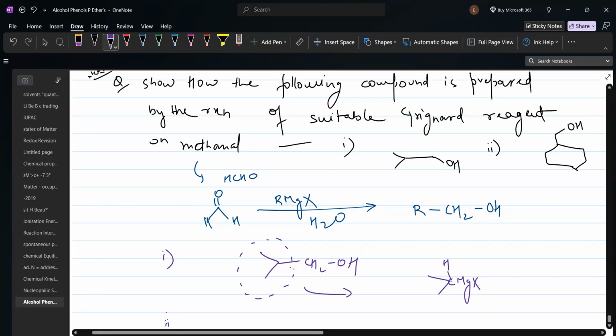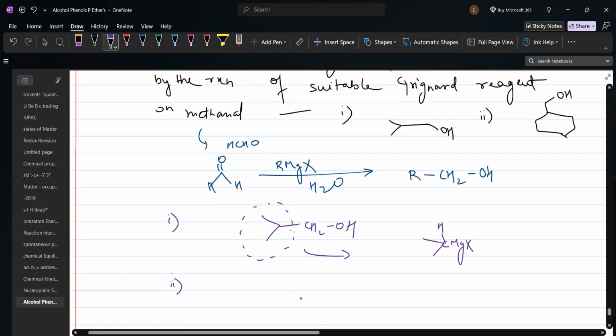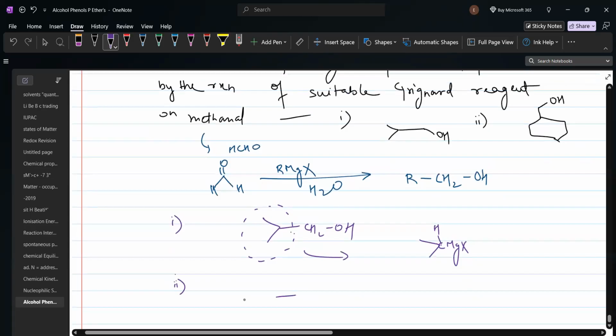Let's see with another question. What we see here is this big thing. This is the final product, and we have CH2OH. So this one is already known. This one will be the part of Grignard reagent.